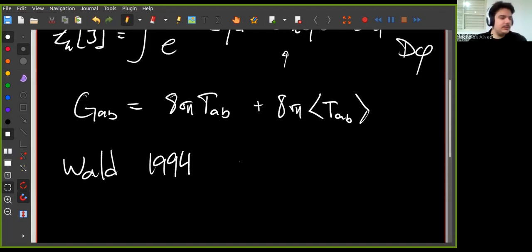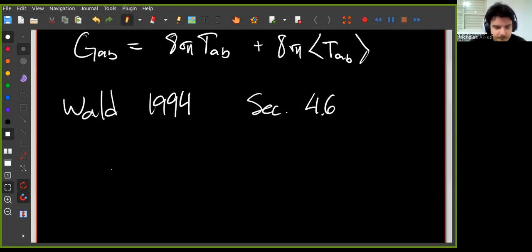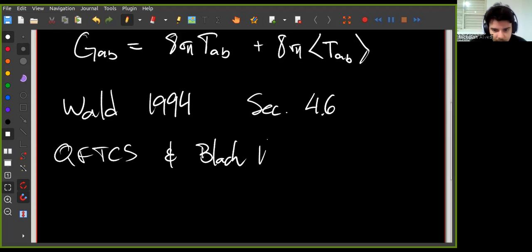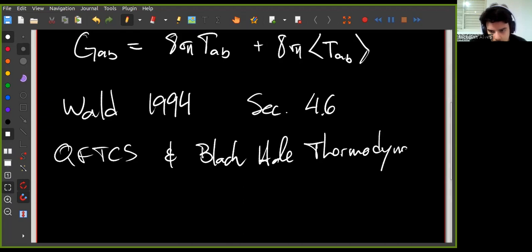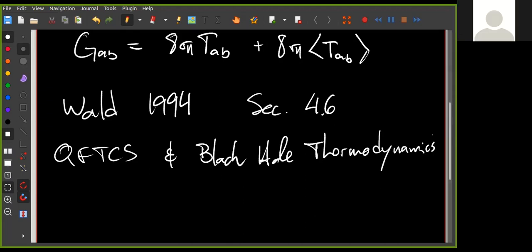Let me see. It is section 4.6. It is called Quantum Field Theory in Curved Spacetime and Black Hole Thermodynamics. Thanks. You're welcome.